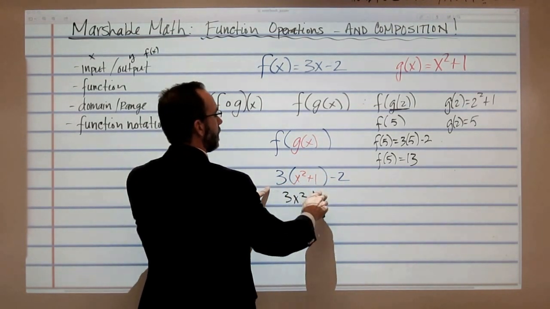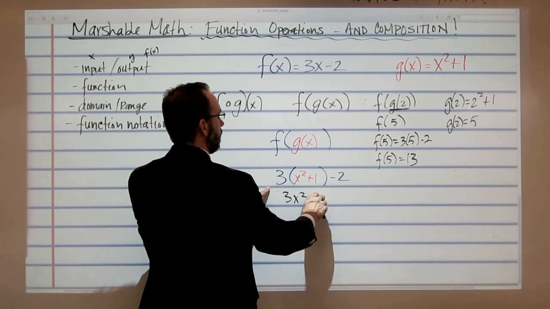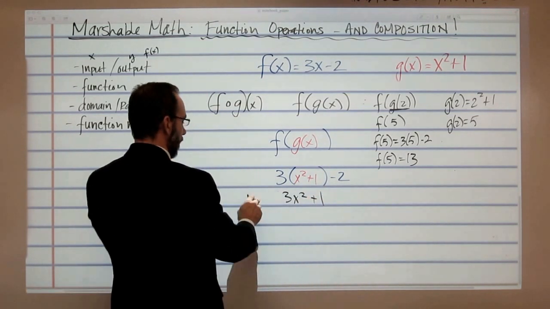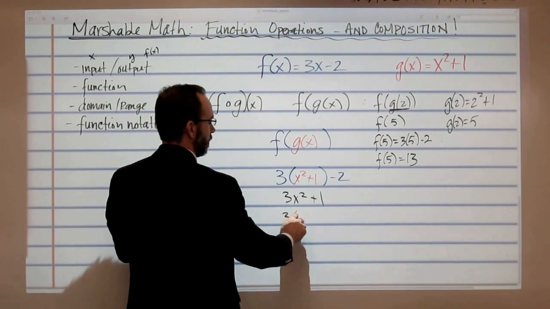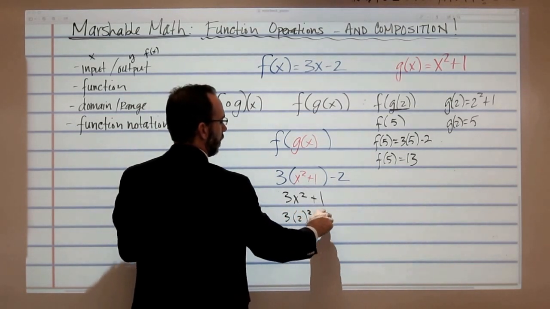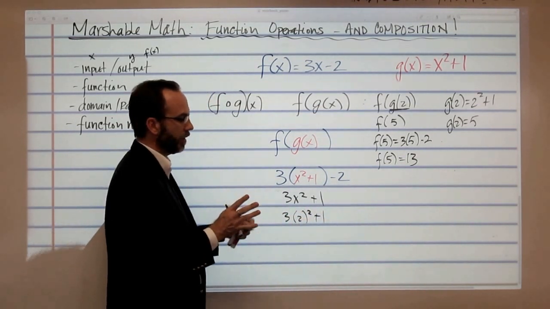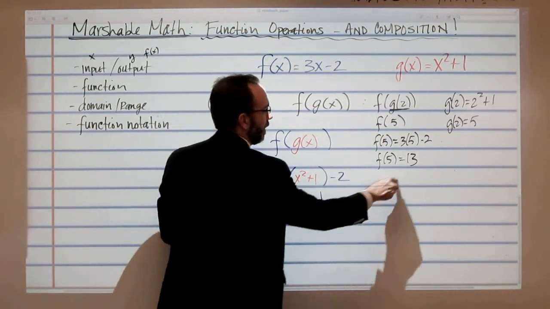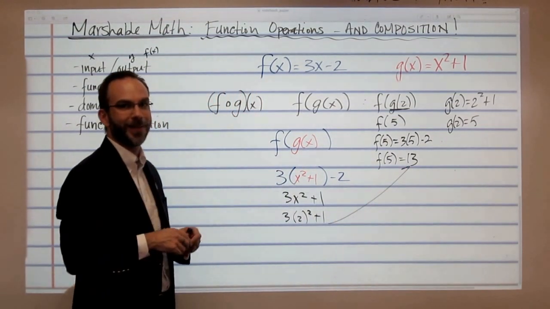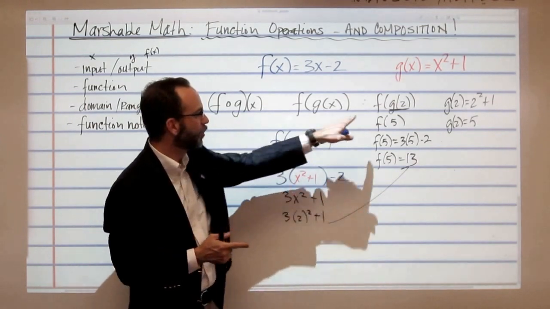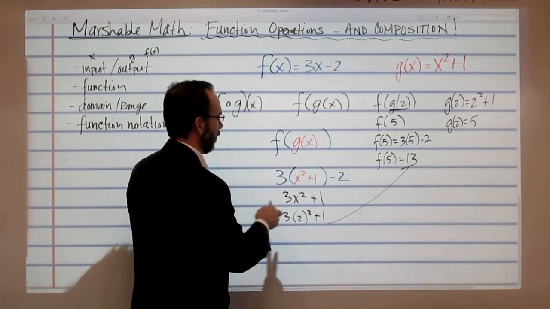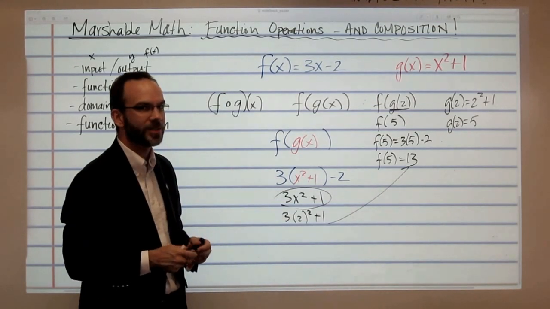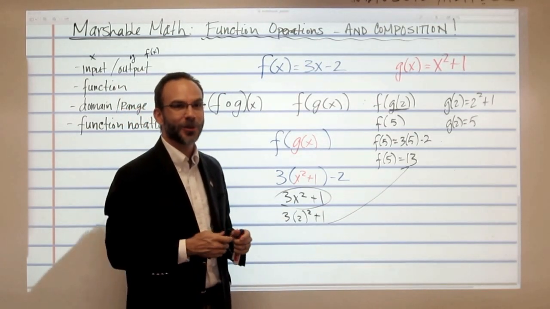Now what do I get if I do a 2 as an input for this? 3 times 2 squared plus 1. 2 squared, 4 times 3 is 12, plus 1. Goodness. I get one equation that will do this. Instead of taking it in 2 steps, I get one expression that will do this in just one step. Okay? That's kind of cool.